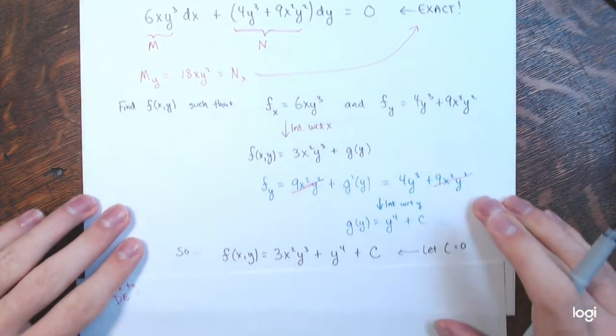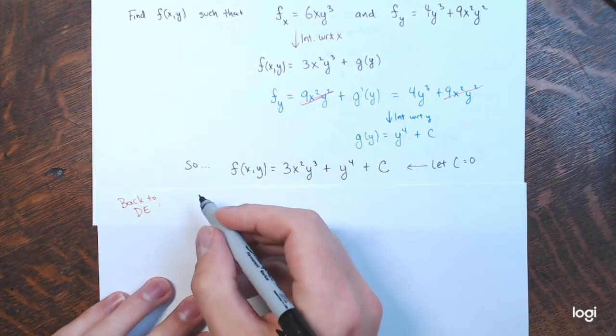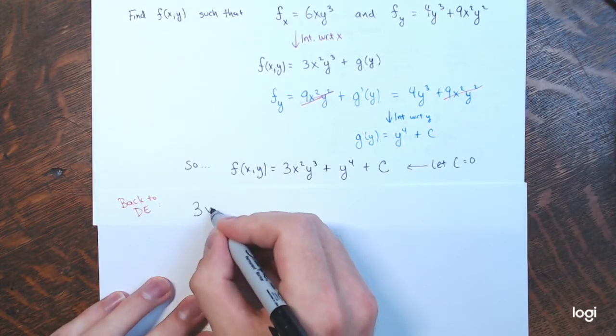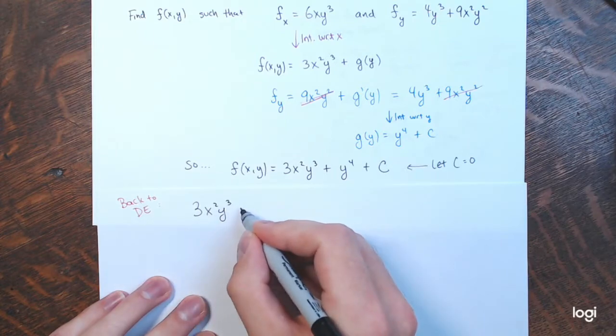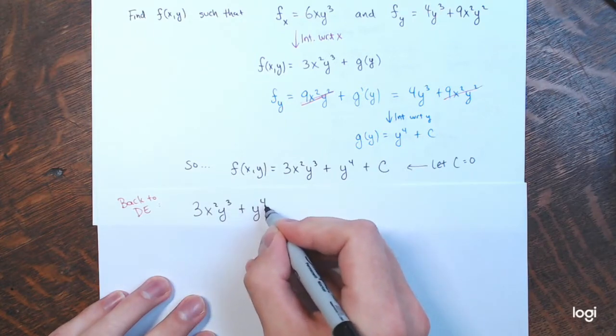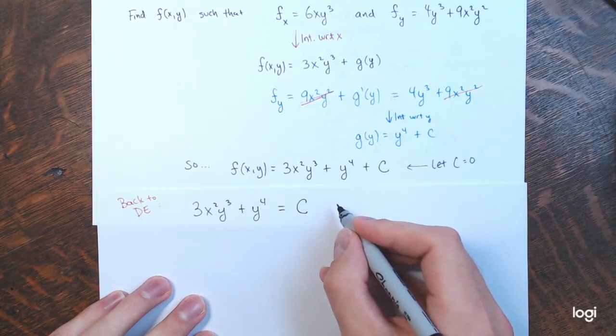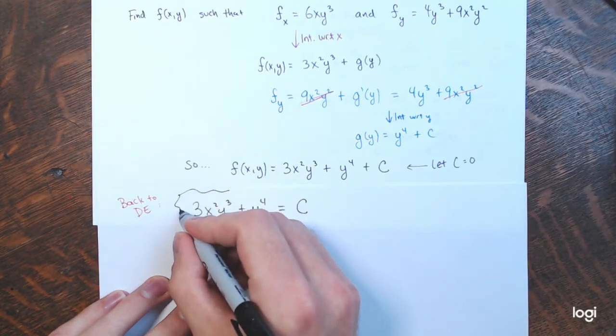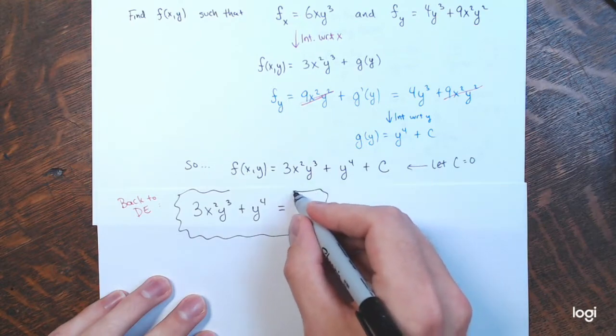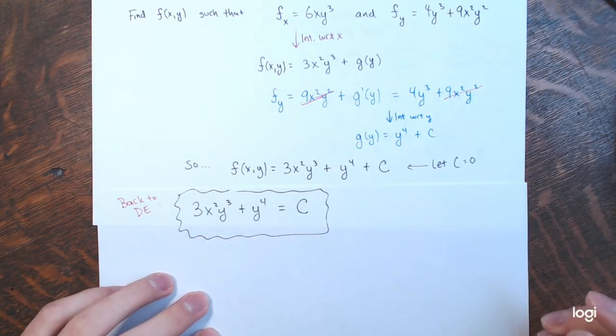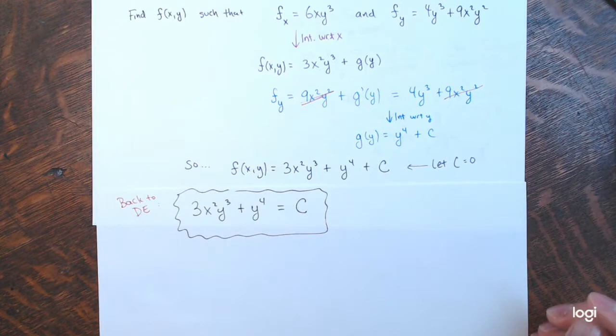And then I integrate both sides and we end up with this. So 3x squared y cubed plus y to the fourth would be equal to some constant. And you could solve for y on this. It would be a little weird, but I'd say don't worry about it.